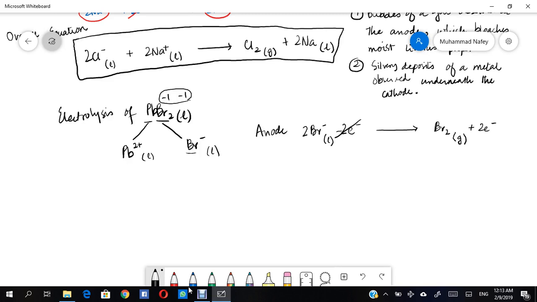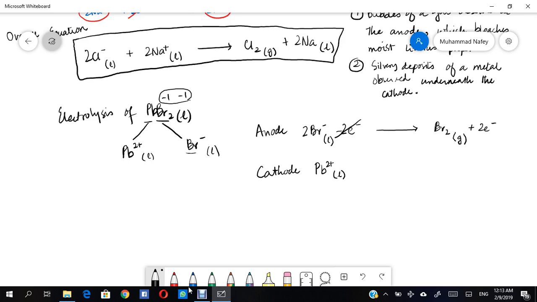Now what happens at the cathode is that the positively charged Pb2 plus ions move to the cathode. And these are liquids.